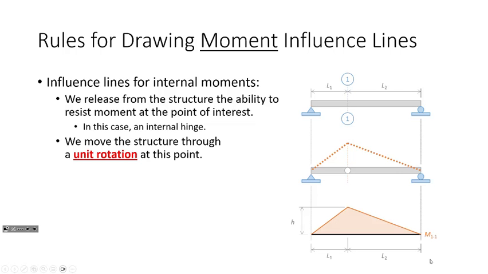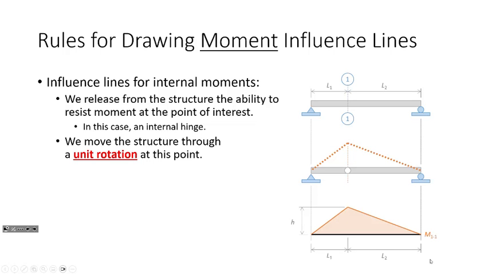Remember when we were talking about deflections and we said that rotations and slopes were interchangeable, that those terms kind of meant the same thing? Y'all remember that? So what is the slope of this line? It's h over L1. What is the slope of this line? It's h over L2.